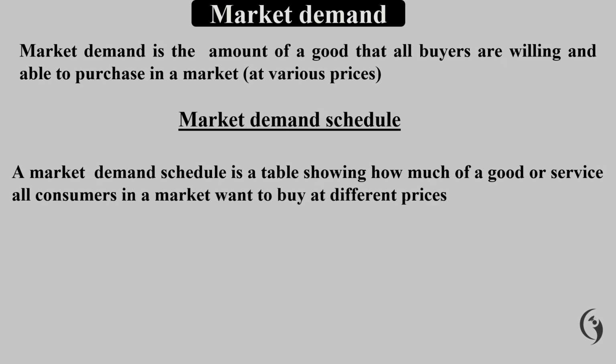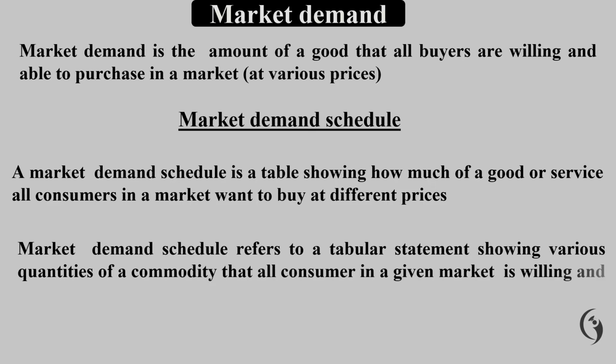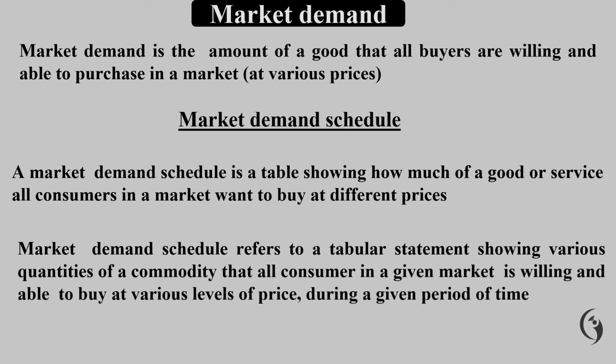A market demand schedule is a table showing how much of a good or service all consumers in a market want to buy at different prices. It refers to the tabular statement showing various quantities of a commodity that all consumers in a given market are willing and able to buy at various levels of price during a specific period of time.